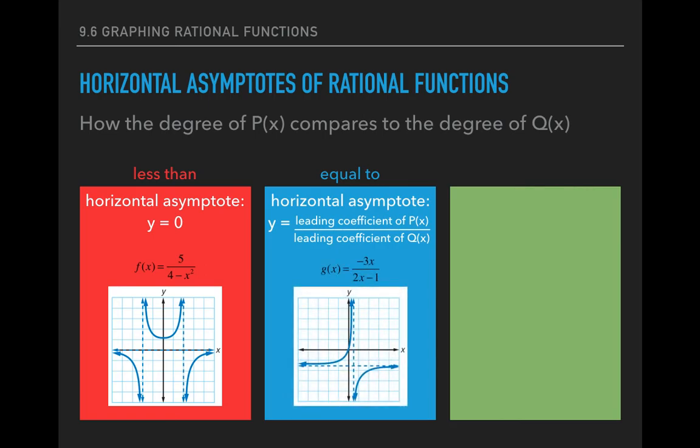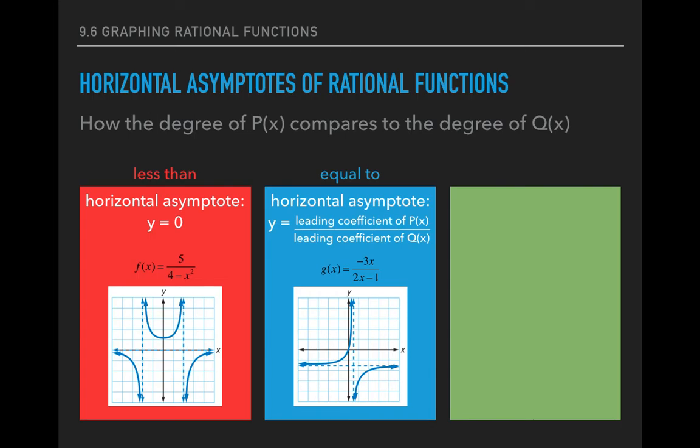We have g, and both the numerator and denominator are linear polynomials, meaning it's x raised to the 1. And that means that the horizontal asymptote is at your leading coefficients. So that would be -3 divided by 2. -3 divided by 2 is where that horizontal dashed line representing your asymptote is graphed.